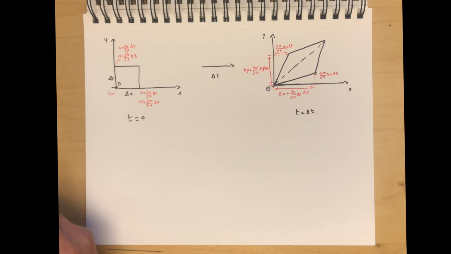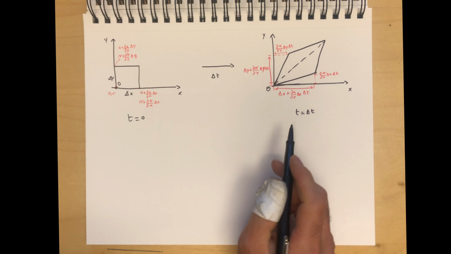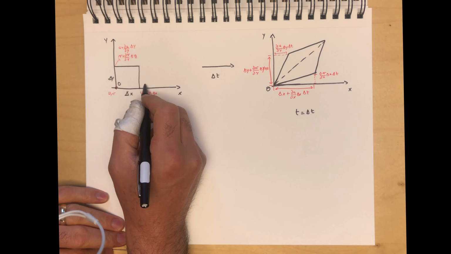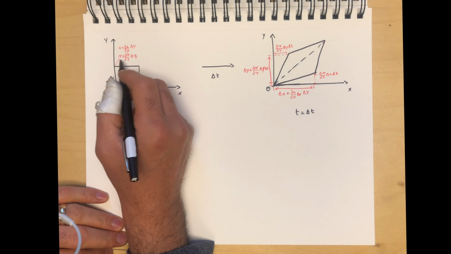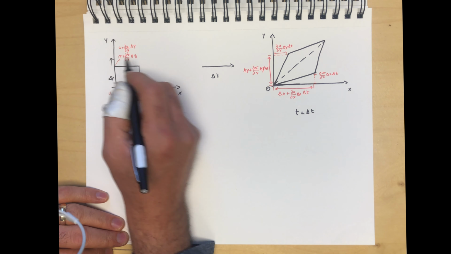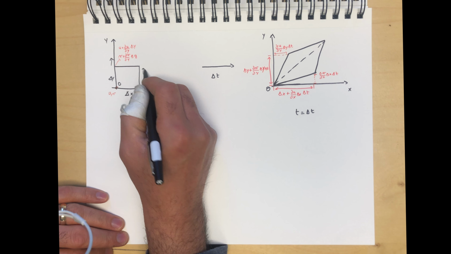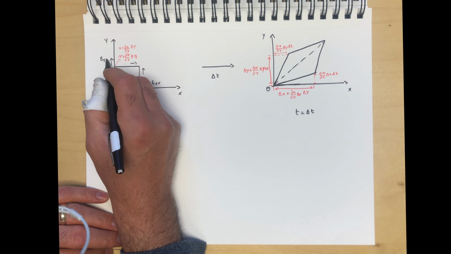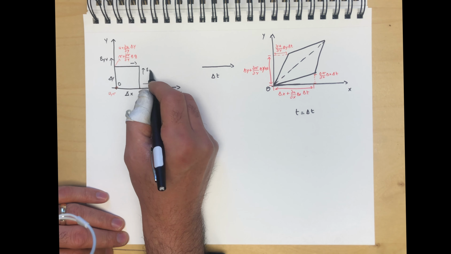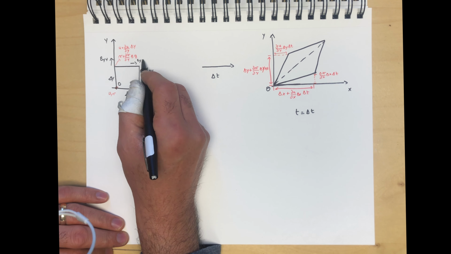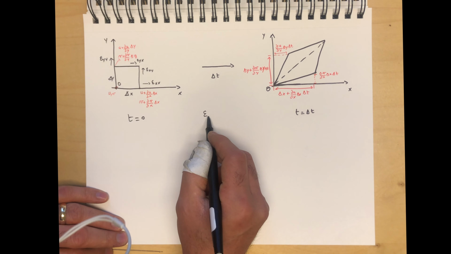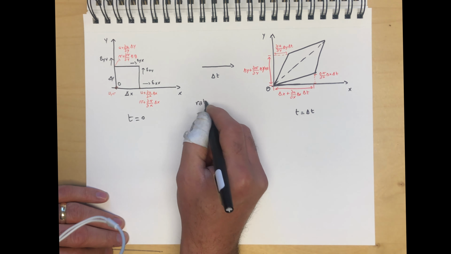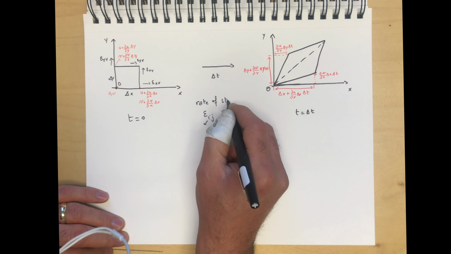Now, for the strain of this element, obviously we have multiple strains in this two-dimensional case. We have the strain in the x direction and the strain in the y direction, and also the strains over here. So we're going to call these epsilon xx, epsilon yy, and these epsilon xy and epsilon yx. We follow the same nomenclature, epsilon ij, that's the rate of strain.